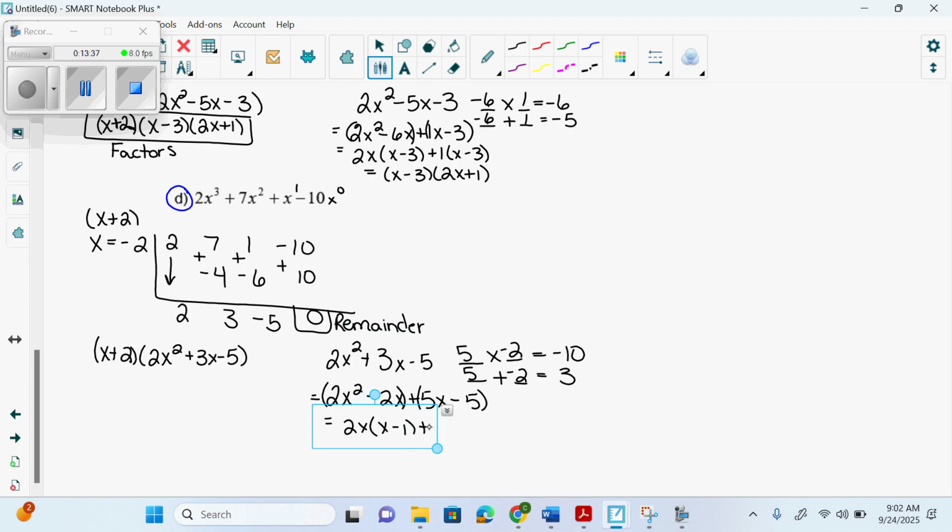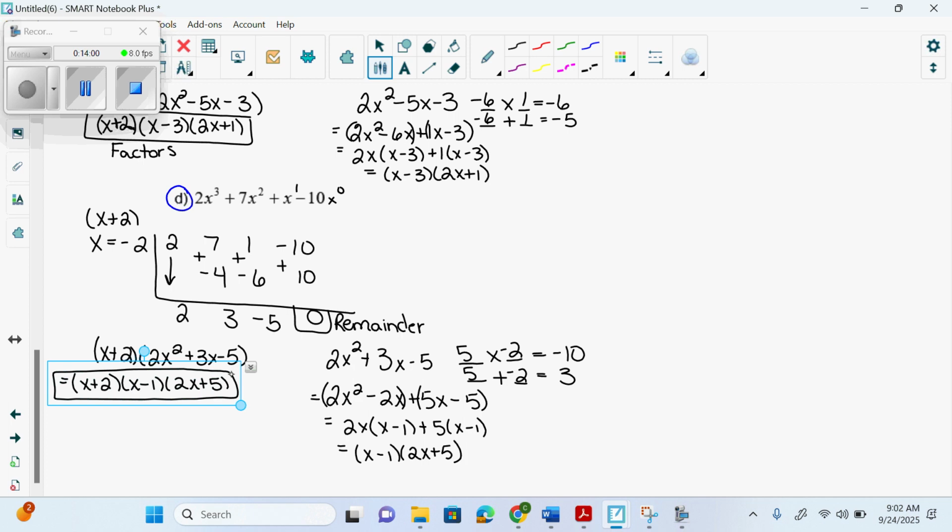Take out a 5, and we're left with x minus 1. So we get x plus 2, x minus 1, 2x plus 5, and once again we could check it by typing it into our calculator.